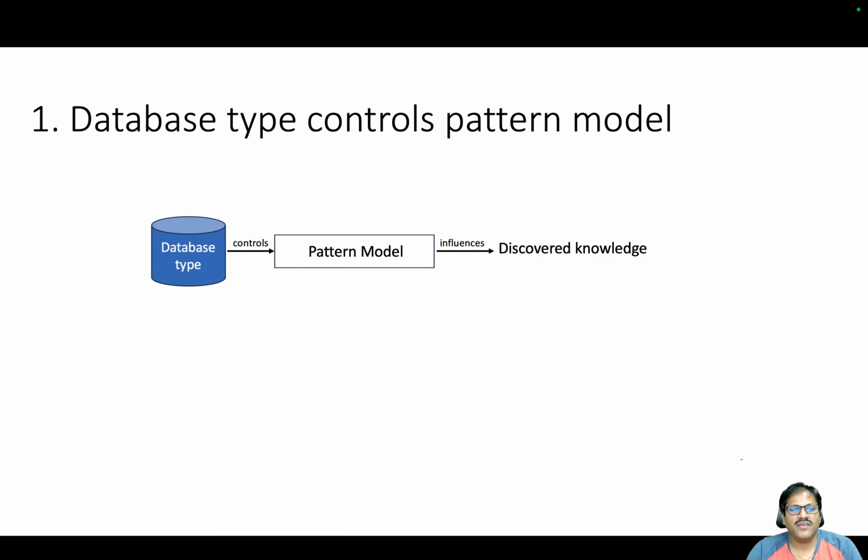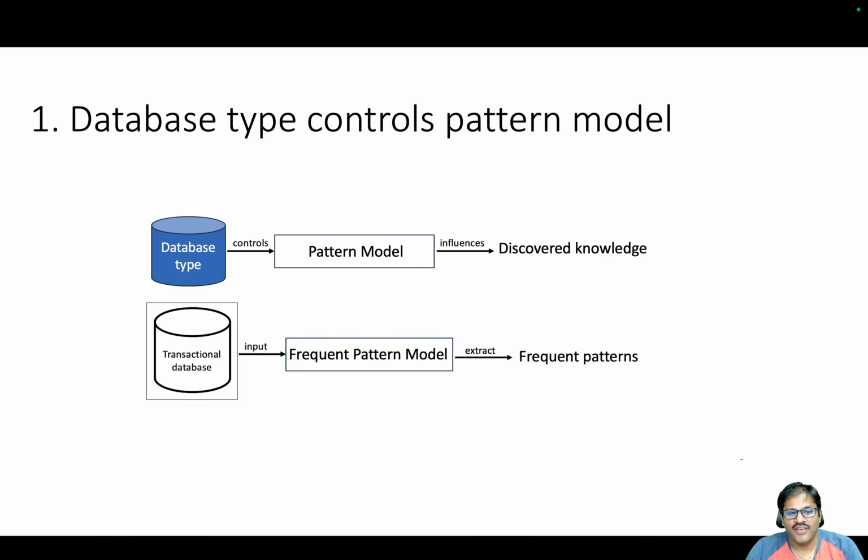First, let us see how a database type controls the pattern model. Now, assume we have a transactional database which we are providing as an input to the frequent pattern model and we are extracting the patterns.